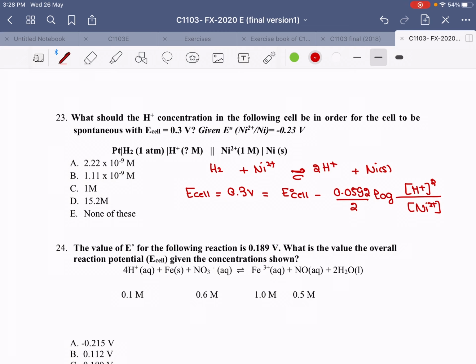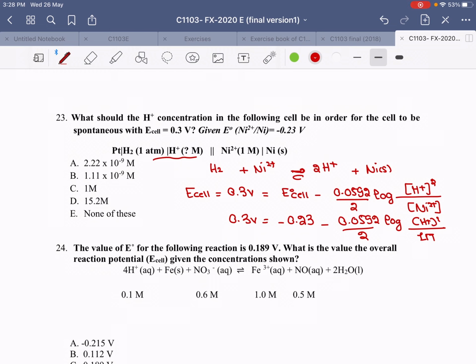Do you have anything missing? We all know that the E0 of the SHE is 0. Okay, so 0.3 volt is equal to E0, which is negative 0.23, minus 0.0592 divided by 2 log H plus squared divided by Ni2 plus. The concentration of Ni2 plus is 1 molar.